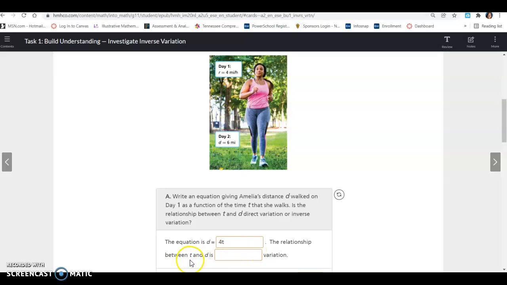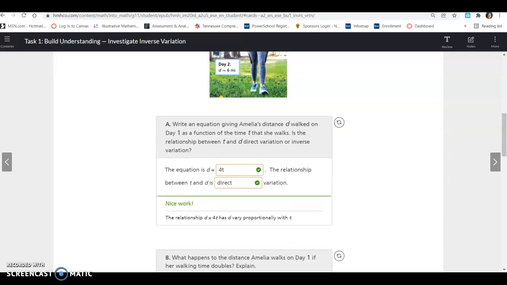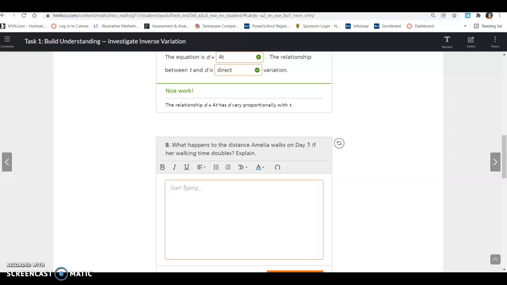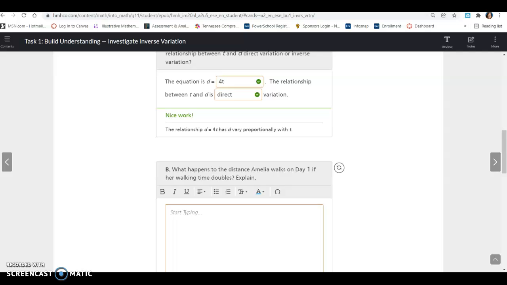And the relationship between t and d is direct variation. All right, what happens to the distance Amelia walks on day 1 if her walking time doubles? All right, if her walking time doubles, she covers twice the distance because she has the same rate of speed the whole time.